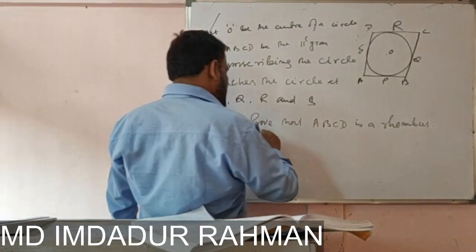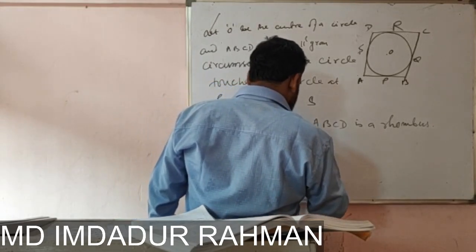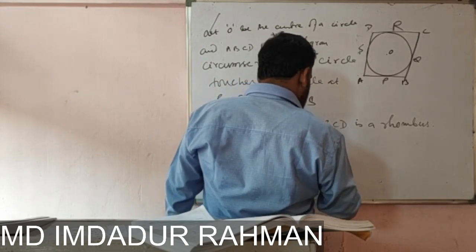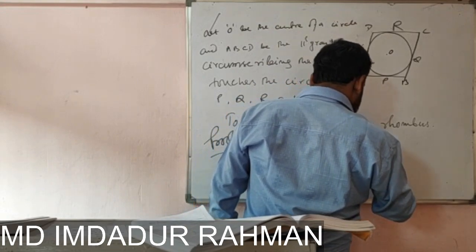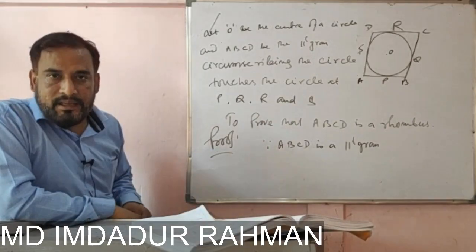Proof. Since ABCD is a parallelogram, what can you say? Opposite sides are equal.